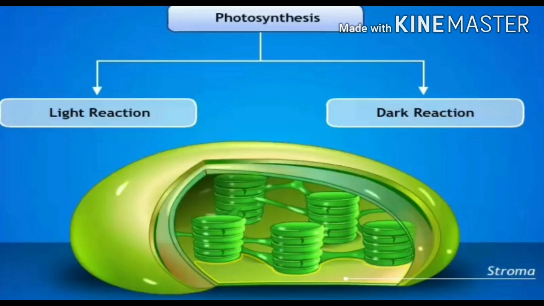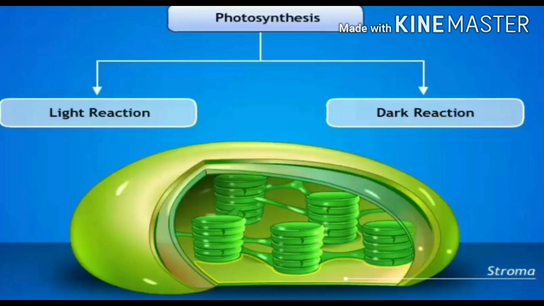There are two main stages in the entire process of photosynthesis. The first stage depends on light and the other stage does not require light.